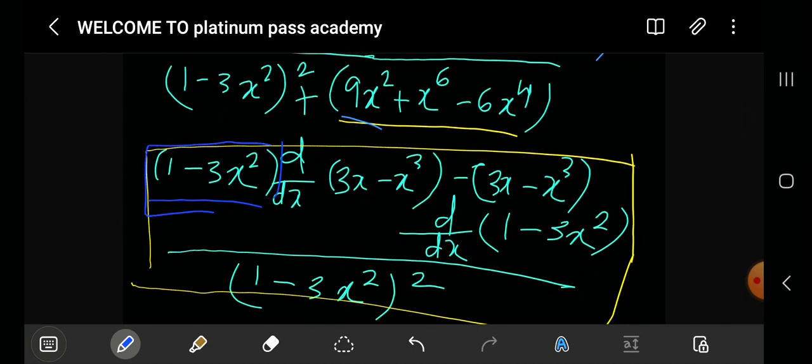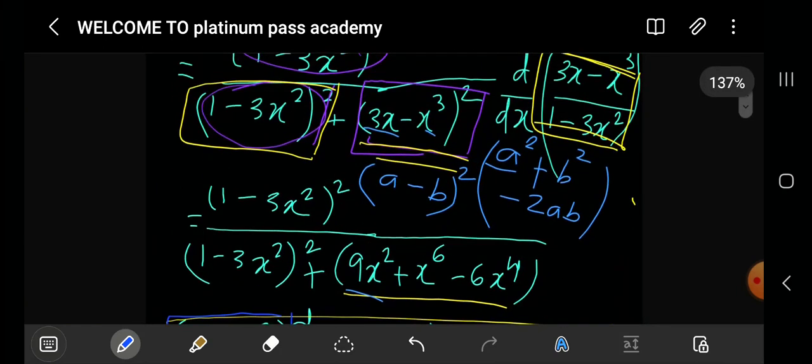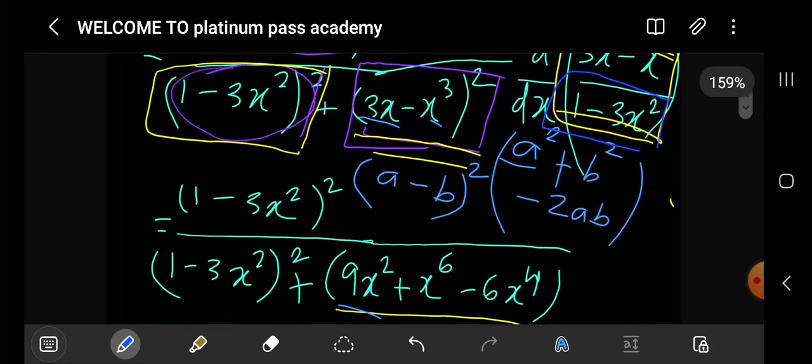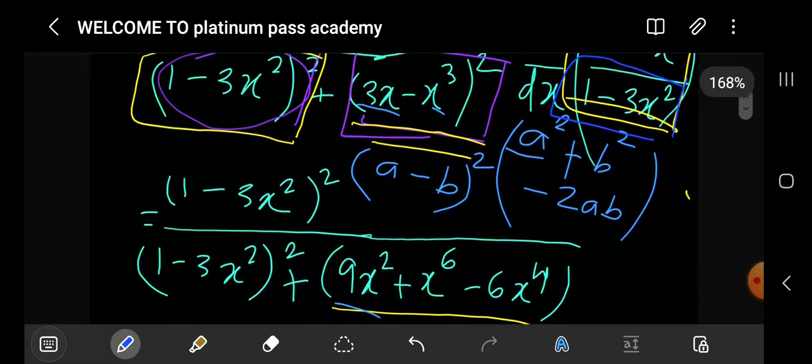I am going to explain that the derivative of numerator and denominator is: denominator into derivative of numerator, minus numerator into derivative of denominator, upon denominator whole square.